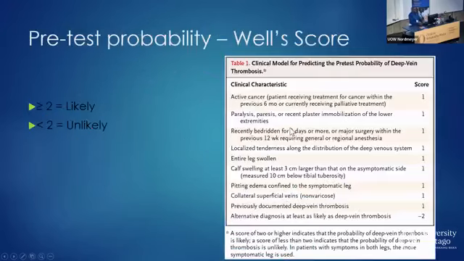So this is the pretest probability when we are trying to test for the chances that someone might have a DVT. We can go through all of this, and when it is greater than or equal to 2, then it's likely. Then we go ahead and do a scan.